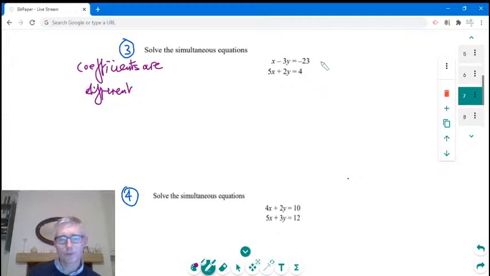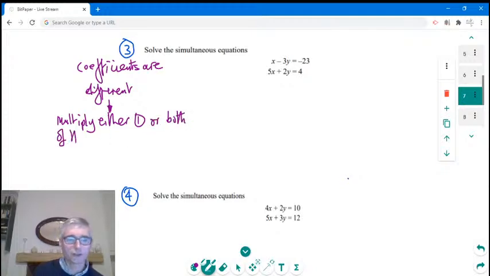In the case where the coefficients are different, what we have to do is multiply either one or both of the equations to make the coefficients the same.